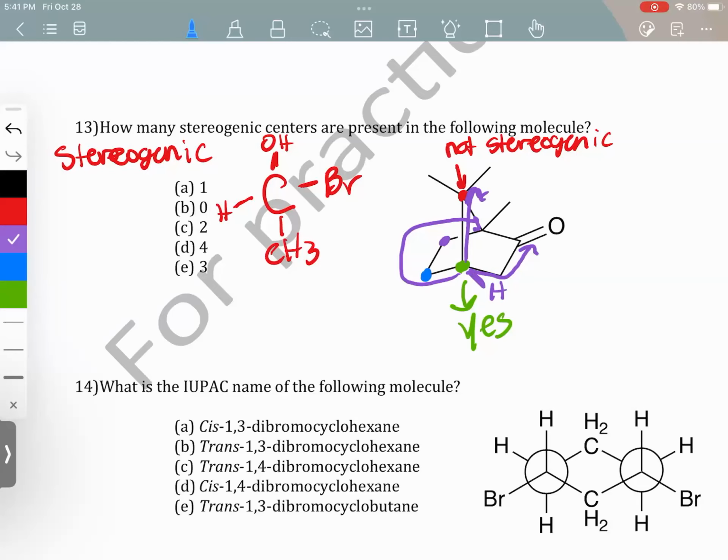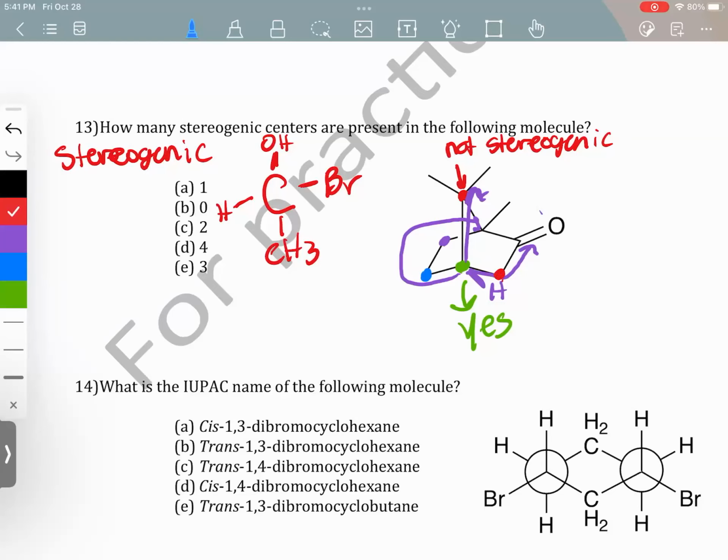When it's in this type of attachment, you have to pay attention to how they're connected on each side continuously on the chain. If there's any difference between the sides, like how the ketone is over here and there isn't one there, and how the carbons up here are attached, it's stereogenic. So can this carbon be stereogenic here?